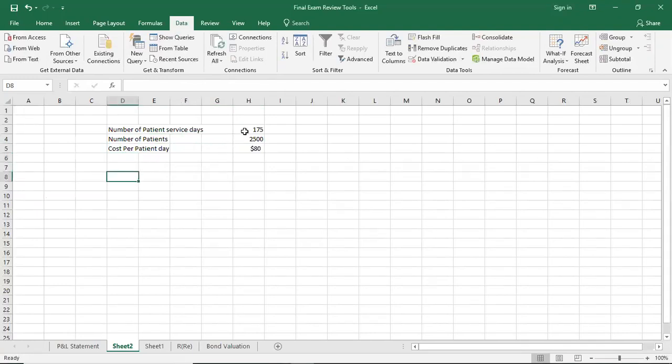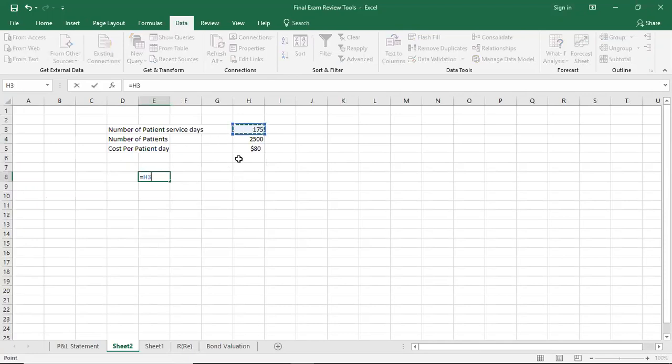So based on that, you will determine a per member per month rate. And all you're going to do is go, okay, I've got 175 patient service days, and the cost per day is going to be $80.